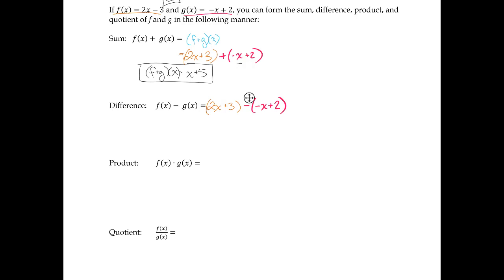So I can go through and just change all my signs. So now I've got 2x, and another one is 3x. 3 minus 2 is positive 1, so that would be f minus g.